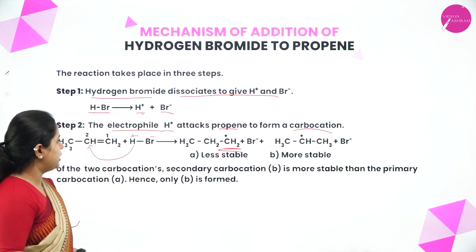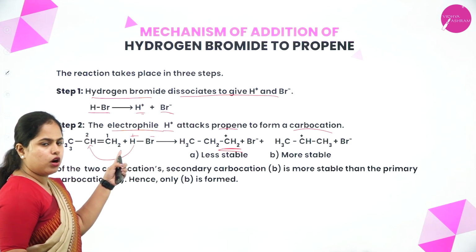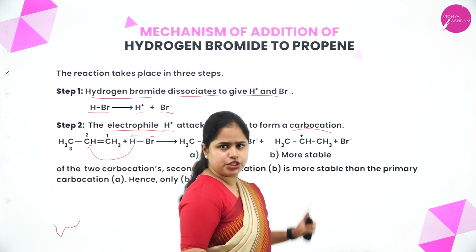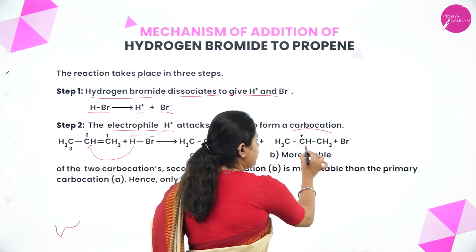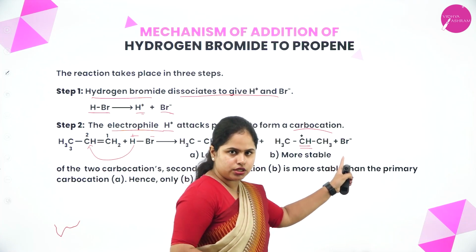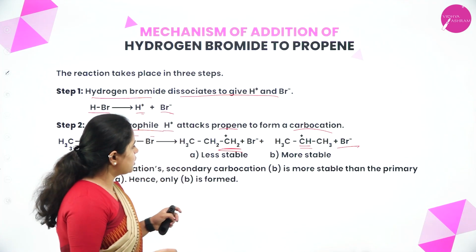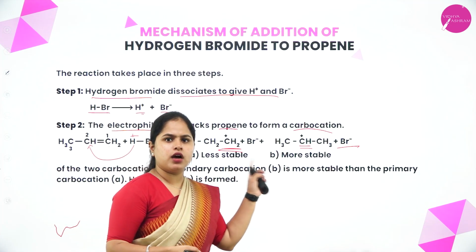Now another possibility is that the hydrogen can get attached to this carbon atom. So what will you get? CH3 CH CH3, and this carbon will get the positive charge because the hydrogen is getting attached to the other carbon atom, and there will be Br minus. As you can see, now you have 2 different carbocations.